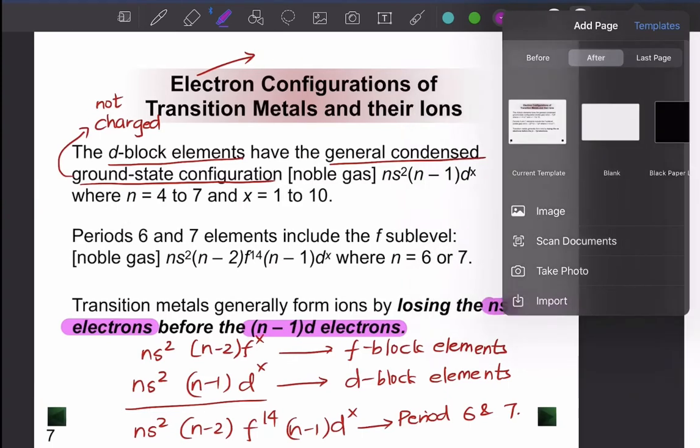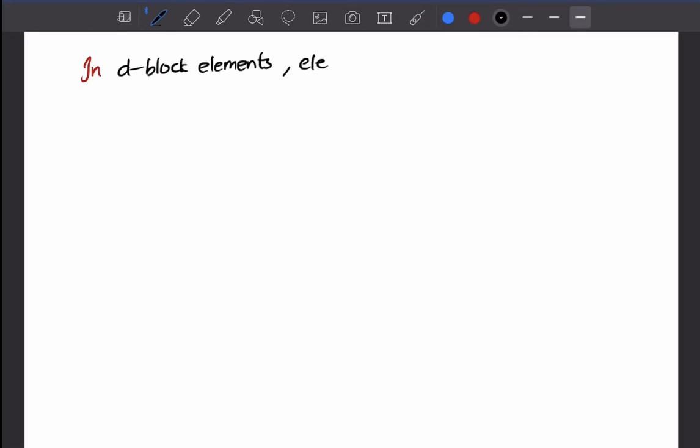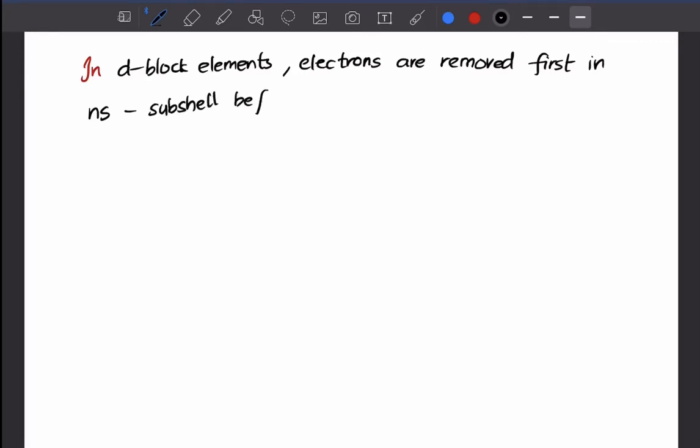So I'm going to emphasize this point again. In d block elements, electrons are removed first in the ns subshell before the (n-1)d subshell.